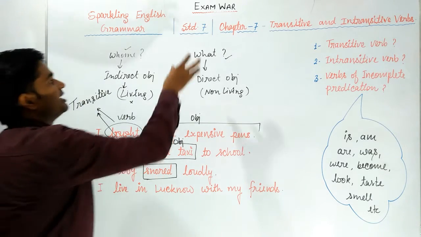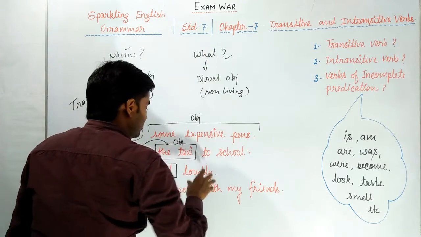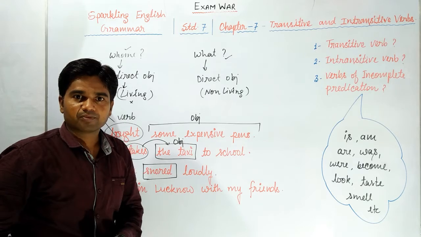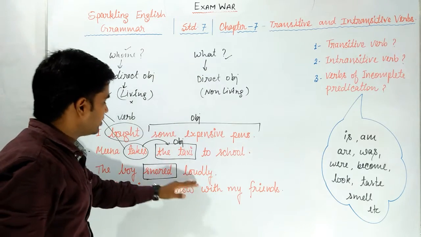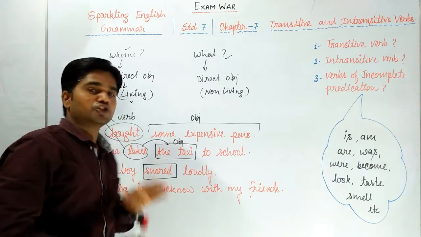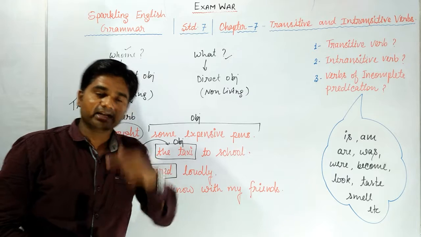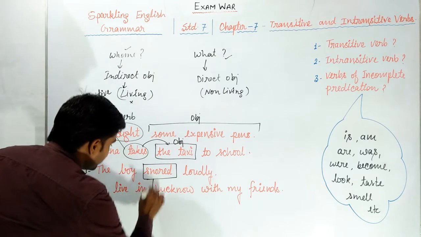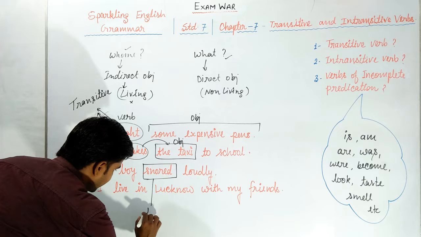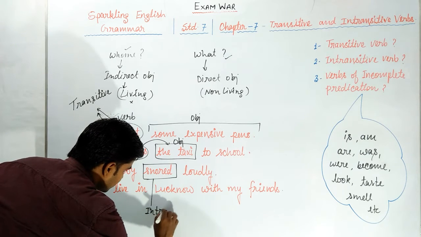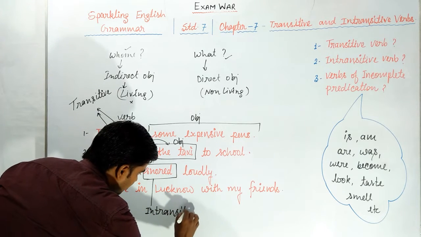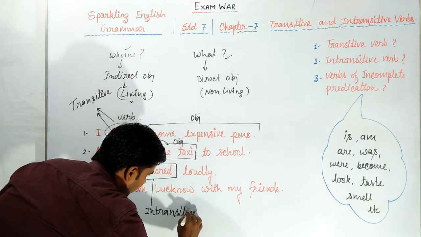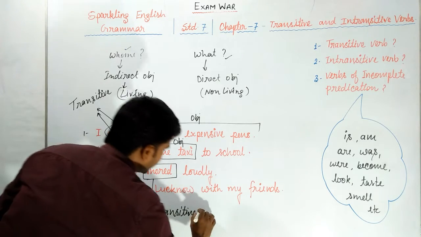We cannot ask a question with what also. We cannot frame any question for the word snowed. So in this sentence, the verb snowed is intransitive. Why is it intransitive? As it hasn't its object.